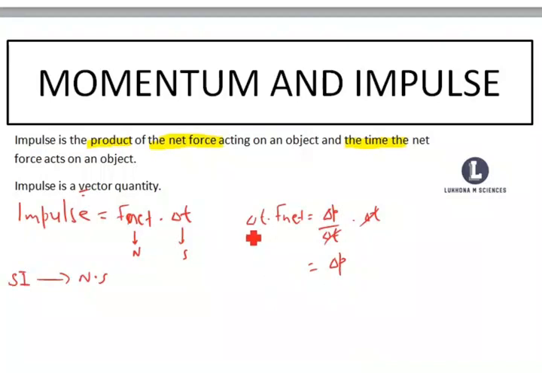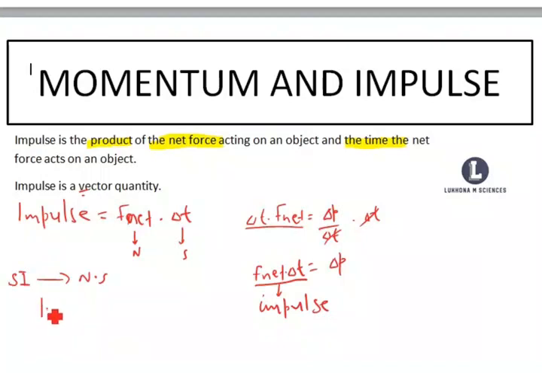Then in this side we have F net times delta t. This is the product of net force and the contact time, which is impulse. This is an impulse. So in other words, impulse is equal to the change in momentum.